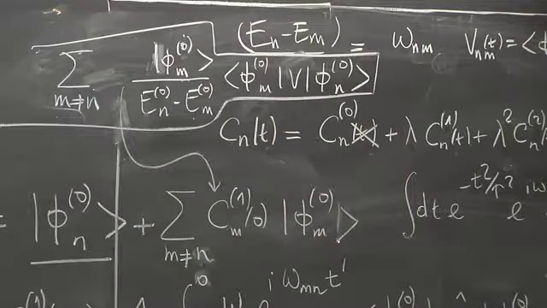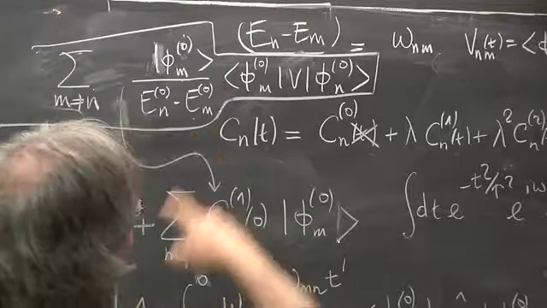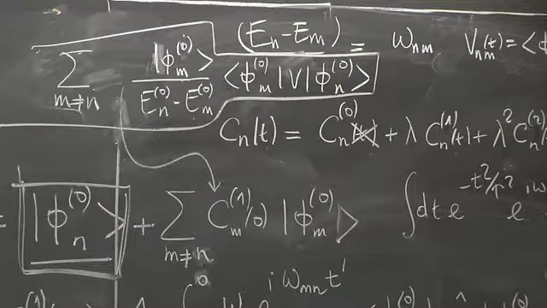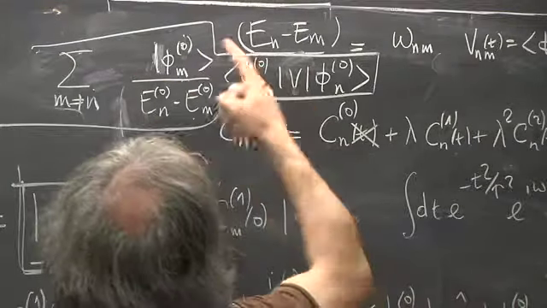There is a first piece, the state at time t equals 0, if you slowly switch on the perturbation, will be the original one, the N, plus a correction, which is nothing but what we calculated last time in first order perturbation theory. Okay? So the perturbation will act in first order in exactly the same way, in some sense.